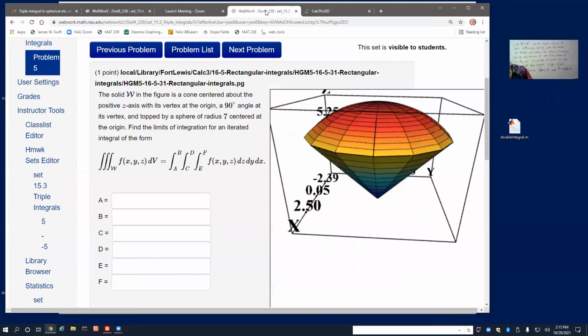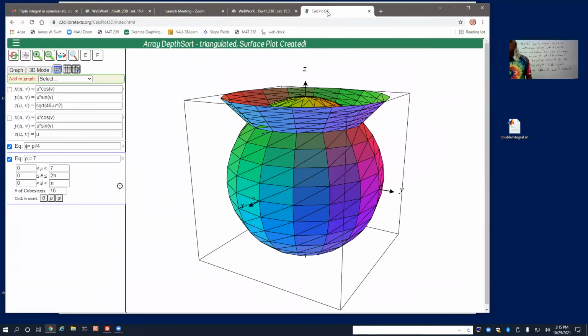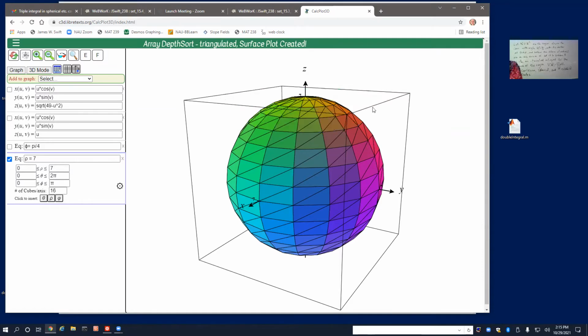But let's go back to this region that you might remember that has the sphere at the top and the cone at the bottom. Now, I have also set up a picture of that. Here is an intersection of the regions. In fact, I'm starting to use spherical coordinates. We have rho equals 7 is the equation of the sphere of radius 7.